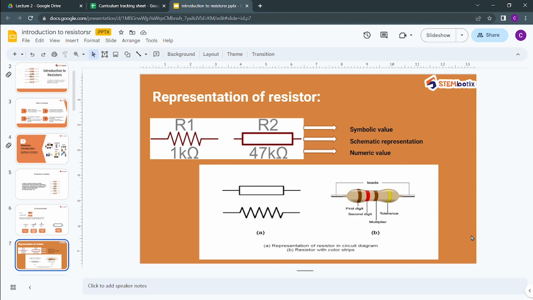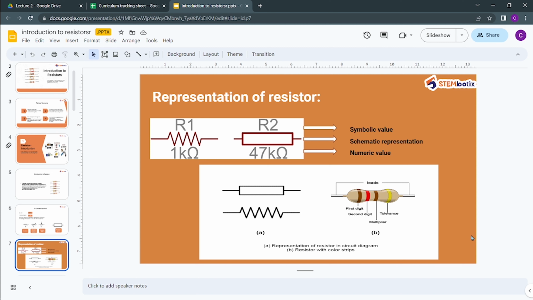The schematic representation is the one below R1 and R2. Then 1 kilo ohm and 47 kilo ohm are the numeric values of those particular resistors: 1 kilo ohm is for R1 and 47 kilo ohm is the numeric value for resistor 2.